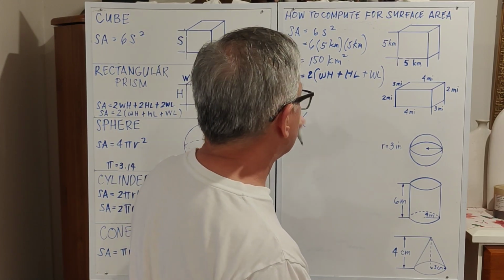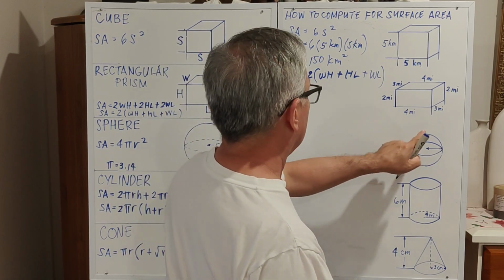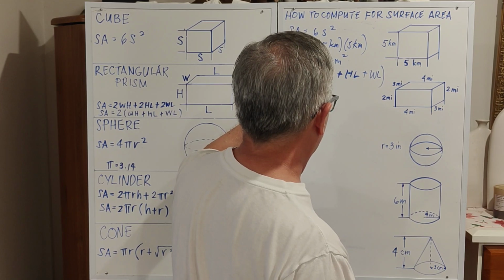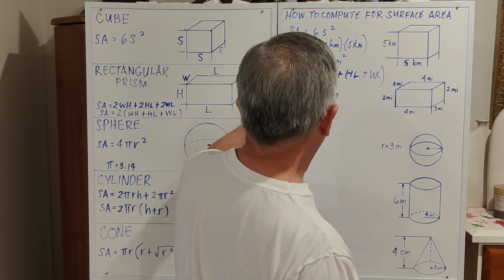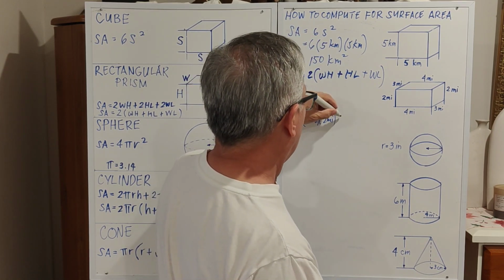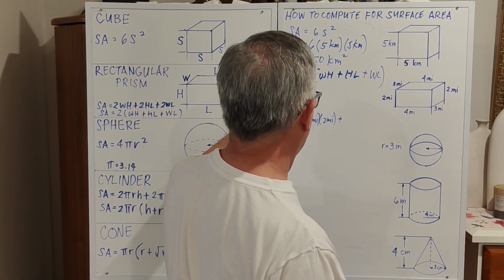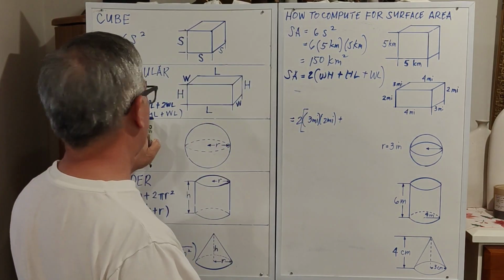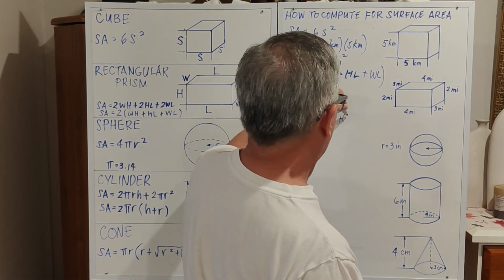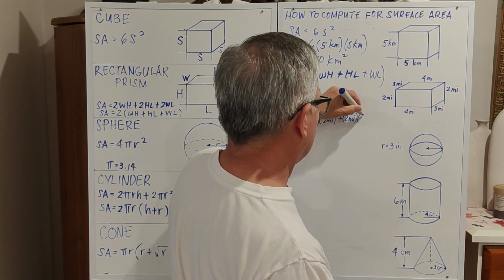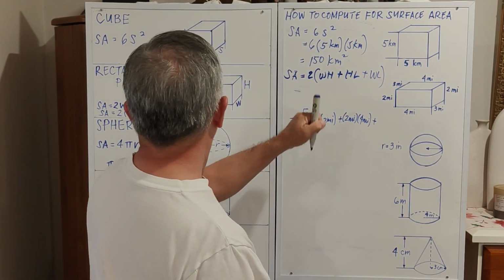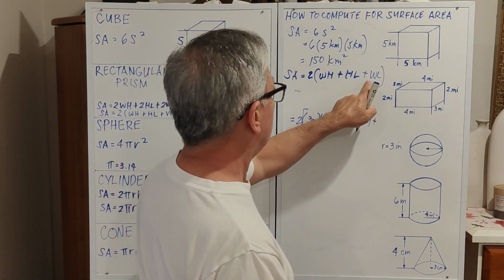We have 2 times WH, 3 times 2, 3 miles times 2 miles, plus HL, which is this one times this one, 2 miles times 4 miles, plus WL.